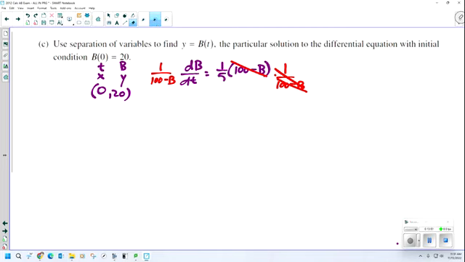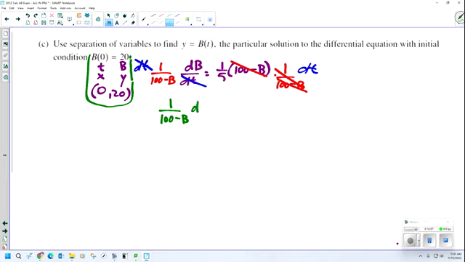So now, let's multiply the left side by dt. We'll multiply this side by dt. So let's rewrite what we have right now. We have 1 over 100 minus B dB equals 1/5 dt.